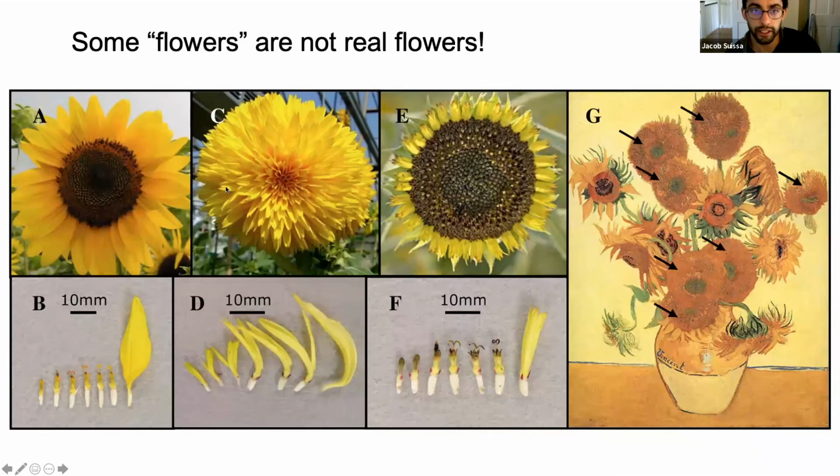But clearly, because we can modify these flowers into being either all disc or all ray flowers, it has to do with the expression patterns in the cells of those flowers. So it probably has something to do with that, but I'm not entirely sure about the actual mechanism.